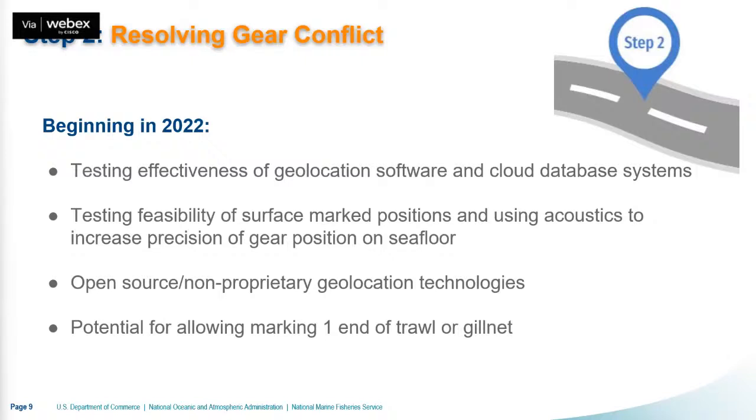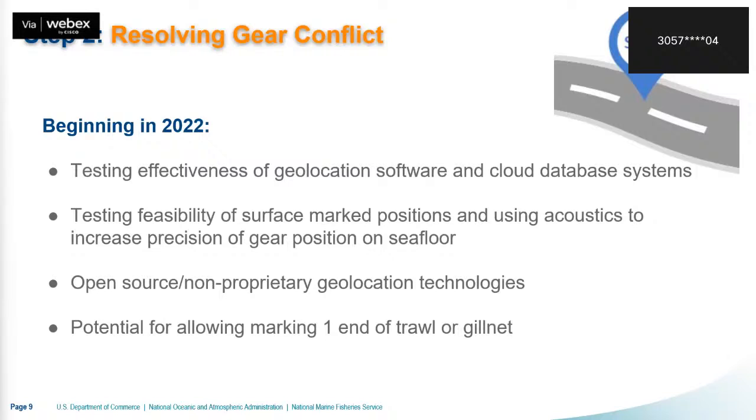One thing that's clear to us, and we have heard from industry as well, and on-demand gear manufacturers for that matter, is that however the geolocation technology develops, so that we can maximize our ability to fish without gear conflict, what will be key is open source, open standard, non-proprietary, interoperable, however you want to describe it, geolocation solutions.